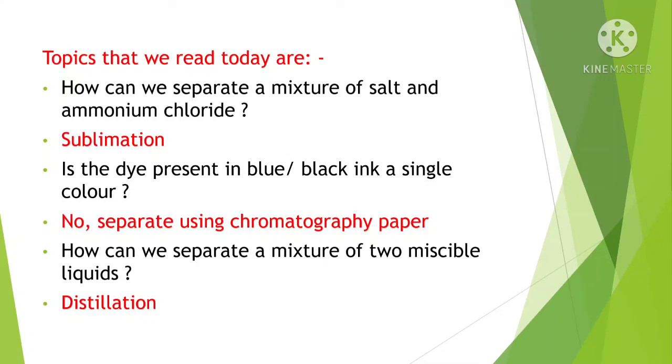The miscible liquid with the lower boiling point will convert first into vapors, so we will collect it first, and the second liquid, which has the higher boiling point, will remain in the distillation flask. In this way we can separate the two miscible liquids.